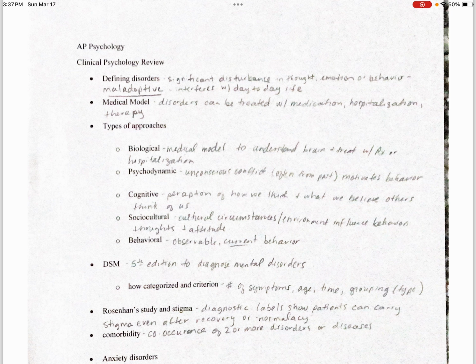The cognitive approach is the perception of how we think and what we believe others think of us. So this interpretation, again, cognition, the way we think. If something happens or somebody says something, in our minds, we interpret it in a certain way.